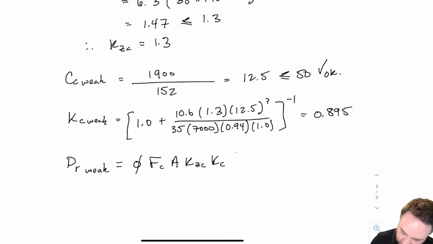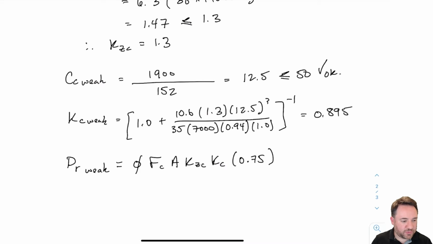And then here we're going to add a 0.75 because it's bolted and we're doing it in the weak axis. So for our PR weak, we have to reduce it to 75% to account for the bolts not making a perfect connection between the bolted-up column members. So that's where we're putting in our 75% right there.